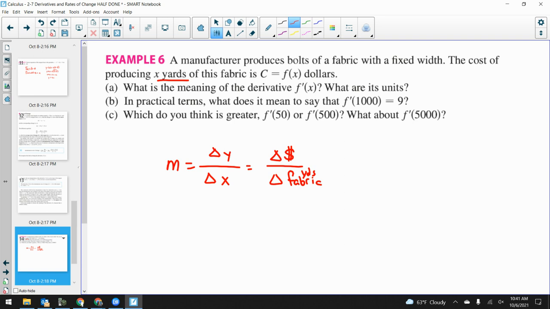Okay, so if I have this equation that's modeling, maybe there's some sort of peak in there where I can optimize. It's going to cost me so much money to produce this length of fabric. Maybe there's a peak in there where if I start making more of that, then it's going to go down because maybe I've got too much supply and not enough demand. Or maybe I'm not making enough to meet that supply and demand.